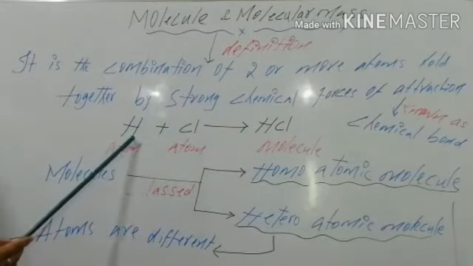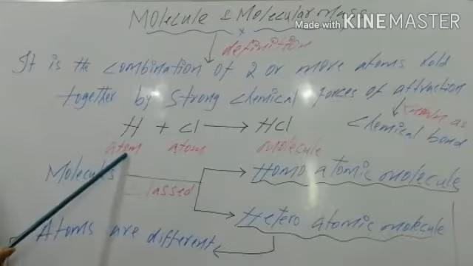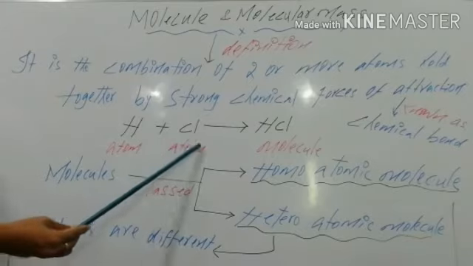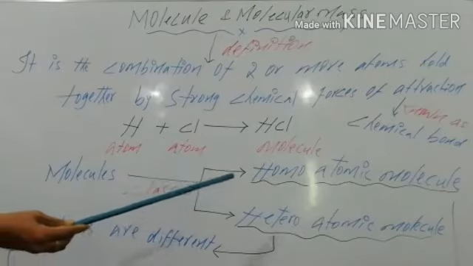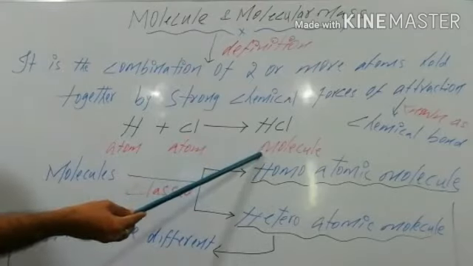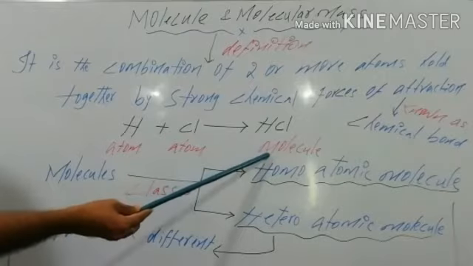Hydrogen is an atom. We won't say that hydrogen is a molecule. Chlorine is an atom. Neither will we say that chlorine is a molecule. But HCl is a molecule. We won't say that hydrochloric acid is an atom.